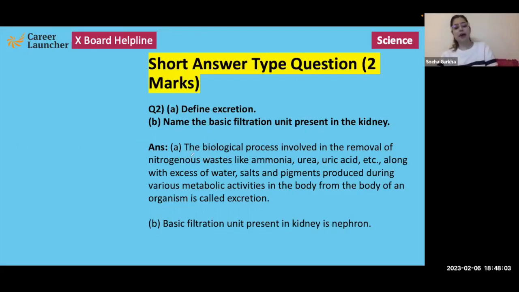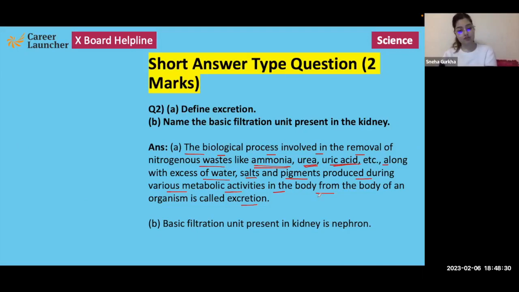So let's have a look at the answer. The biological process involved in the removal of nitrogenous waste like ammonia, urea, uric acid, etc., along with excess water, salts, and pigments produced during various metabolic activities in the body, from the body of an organism, is known as excretion, right?